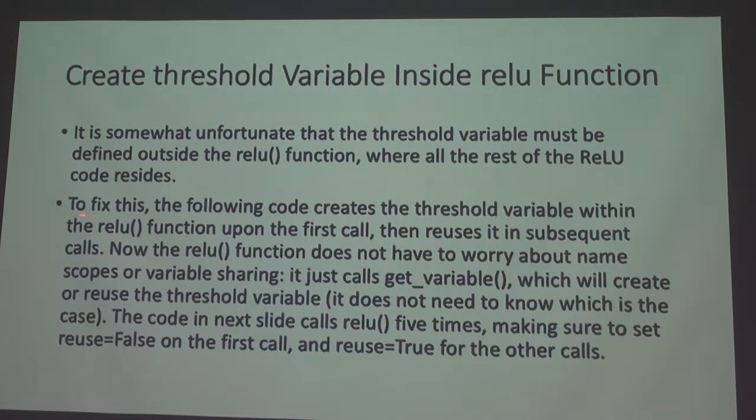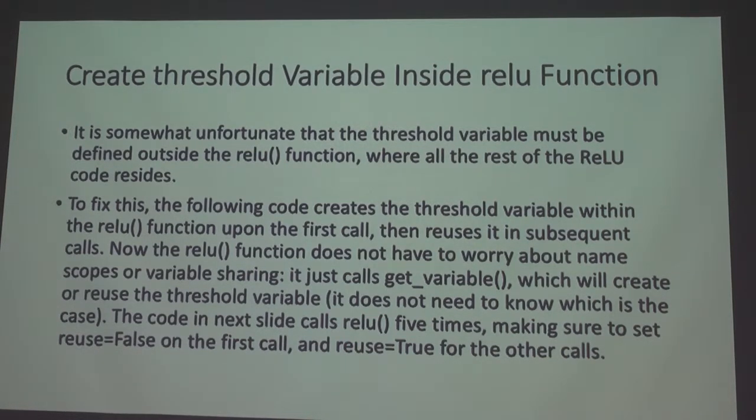To fix this, the following code creates the threshold variable within the redo function upon the first call. In the first call we create the threshold variable, then we use that threshold variable in subsequent calls. So now the redo function does not have to worry about name scopes or variable sharing. It just calls get_variable, which will create or reuse the threshold variable.